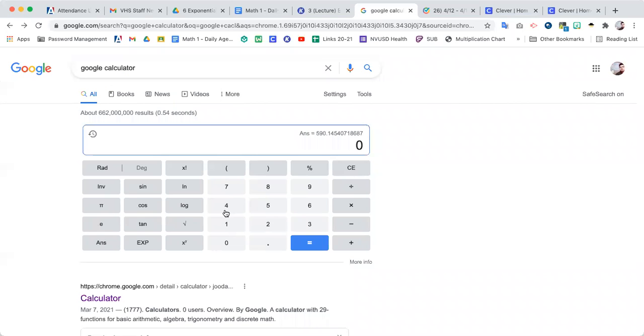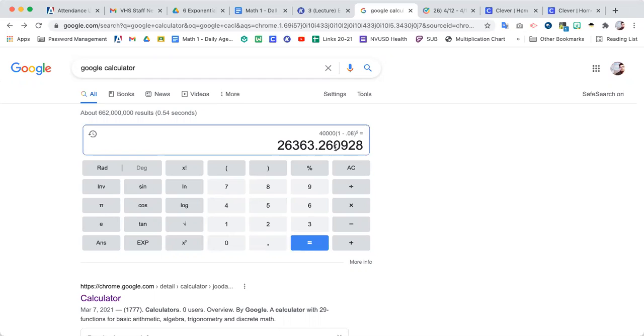Okay, so we have 40,000, then parentheses 1 minus 0.08. And then our exponent is going to be 5 because 5 years. So 26,363.26.